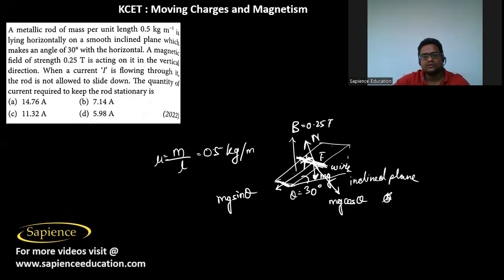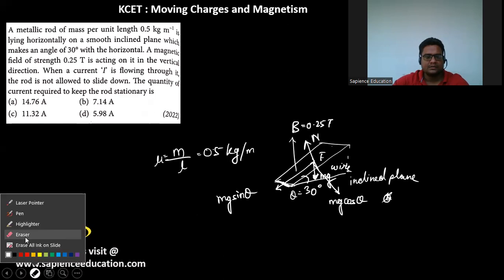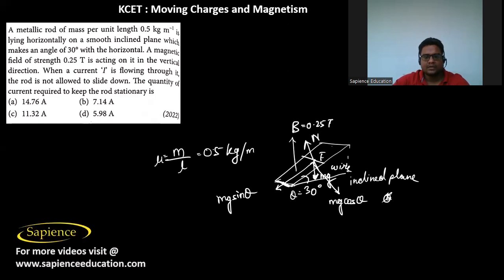So the current should flow like this, not like this, from here to here.